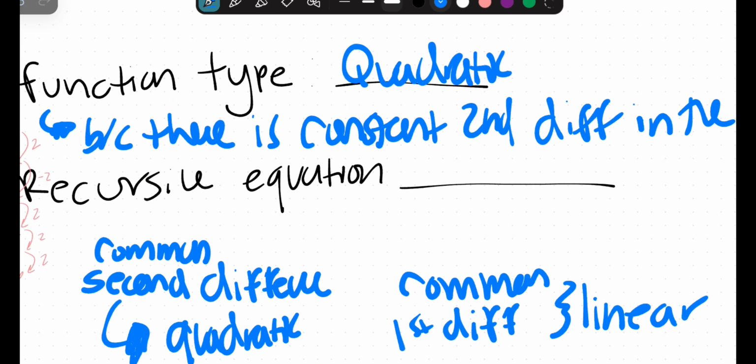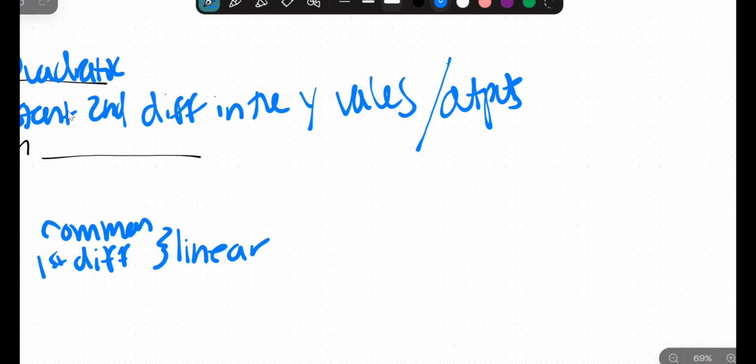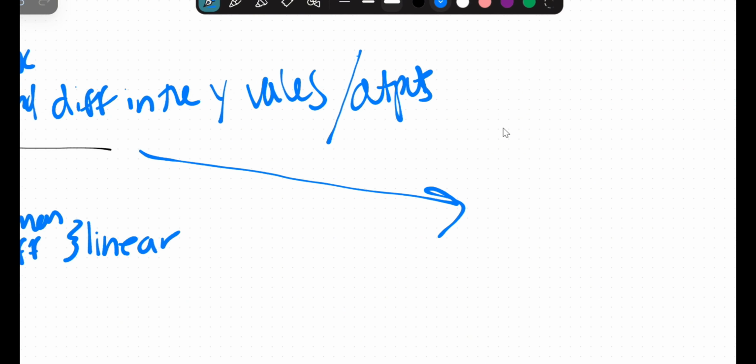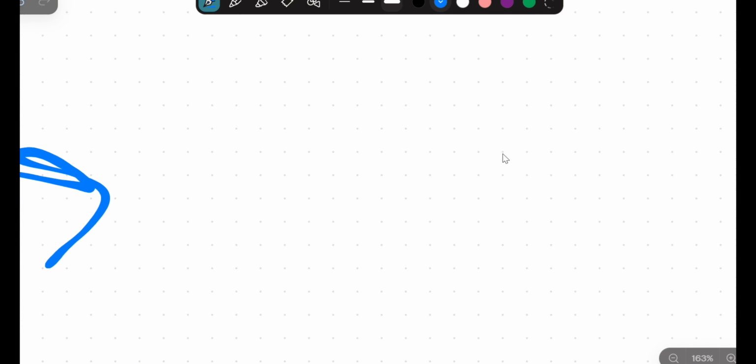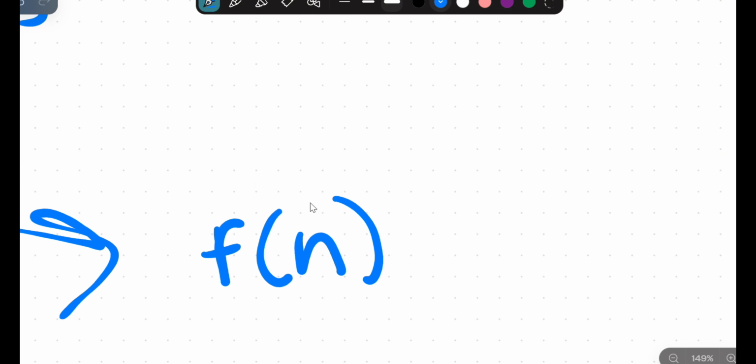So just as a refresher of recursive equations, we're gonna go over here. We use f of n, and what f of n just means is whatever number we input at this time, if that makes sense. So let's say we put in the first term or the second term, right?